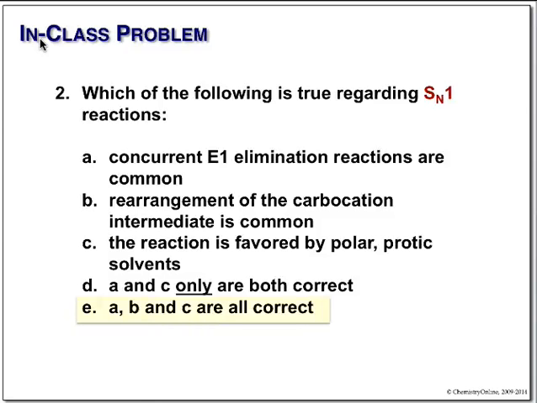An important thing to remember about this is what I said, and that is that the rate limiting step, that is the slow step, for the E1 and the SN1 is the same thing. That's loss of the leaving group, that's the slow step in both mechanisms.